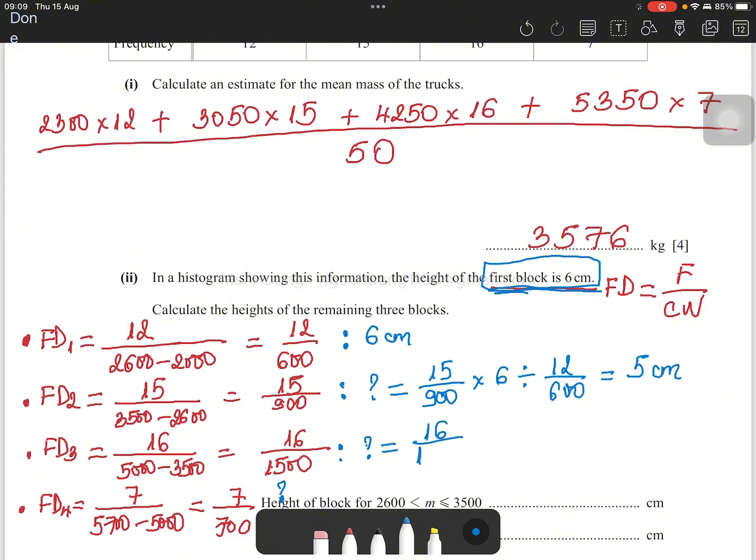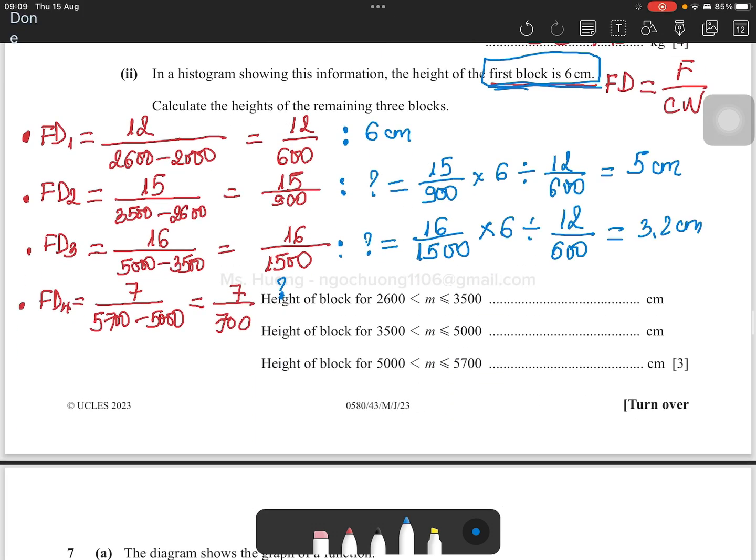Similarly, we multiply 16 over 1,500 by 6. Then we divide it by 12 over 600. So this is 3.2 centimeters.